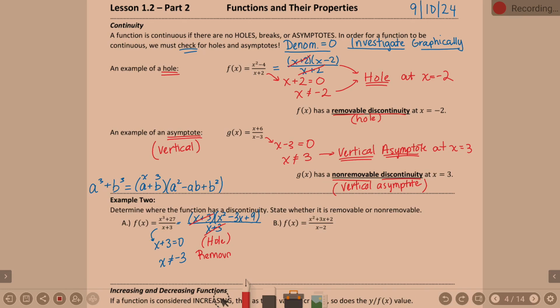So, removable discontinuity at x equals negative 3. Fancy speak for saying there's a hole.